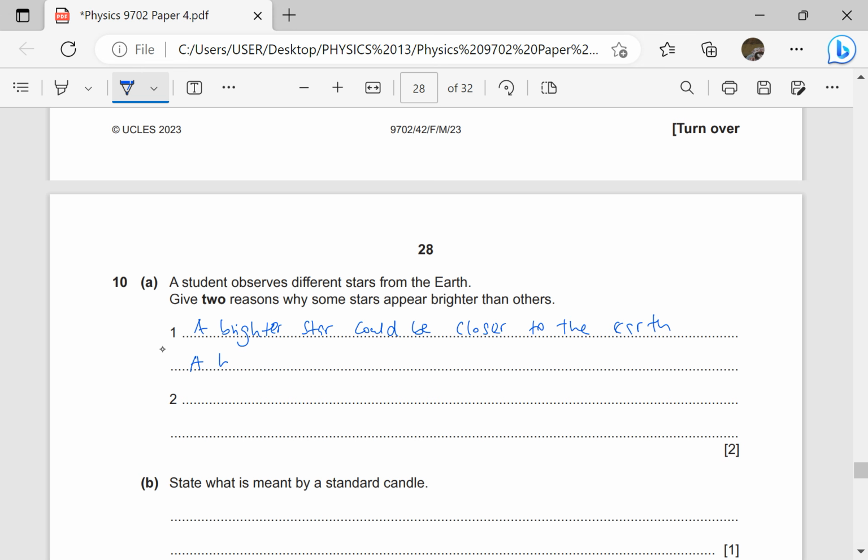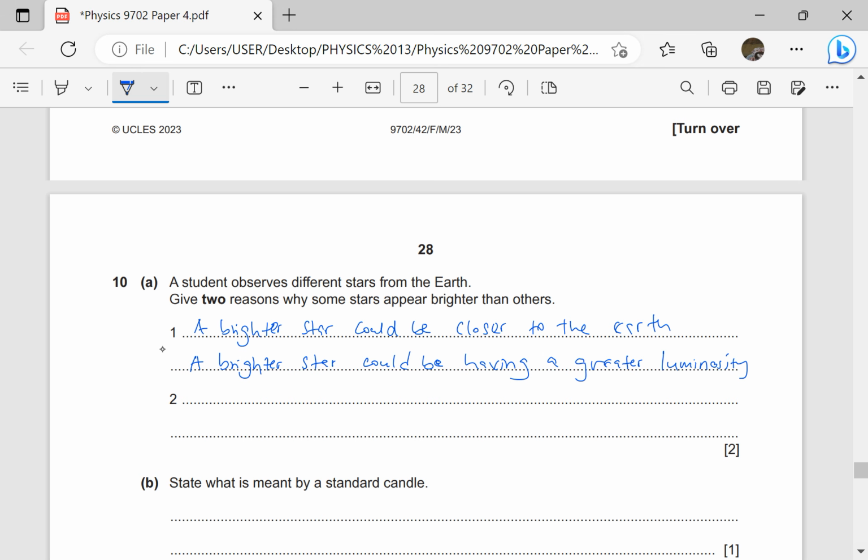A greater luminosity. When I talk about luminosity, I'm talking about emission.